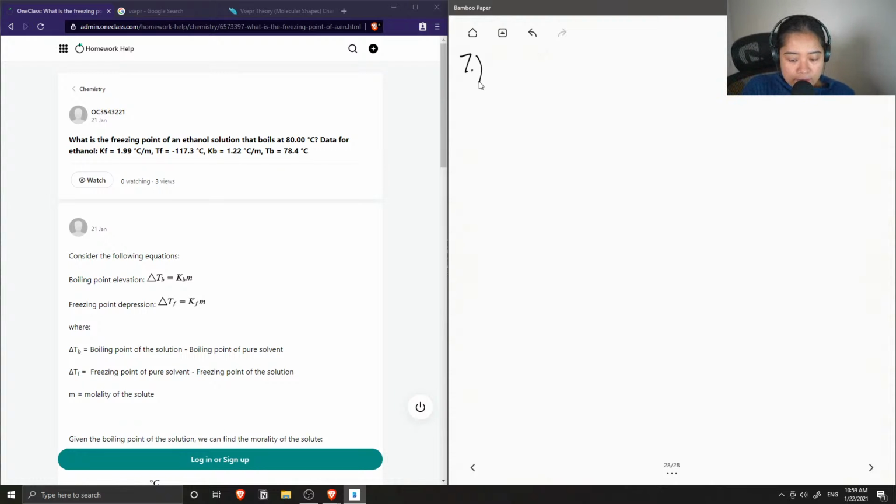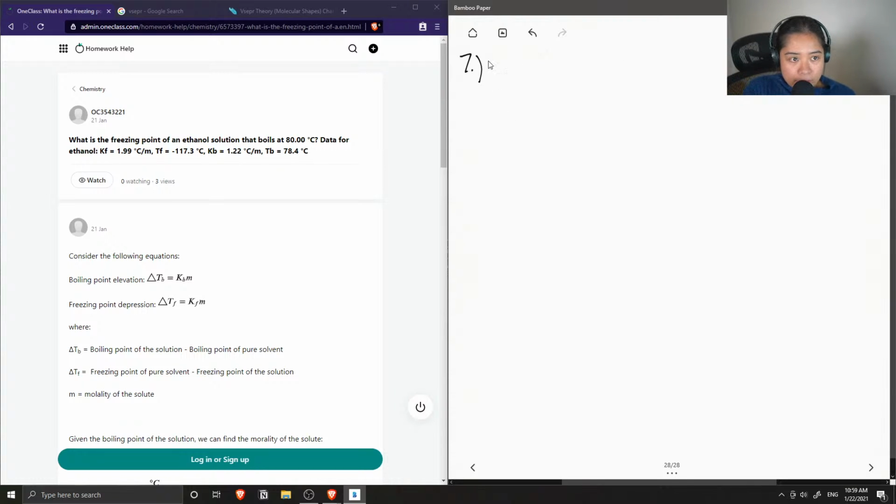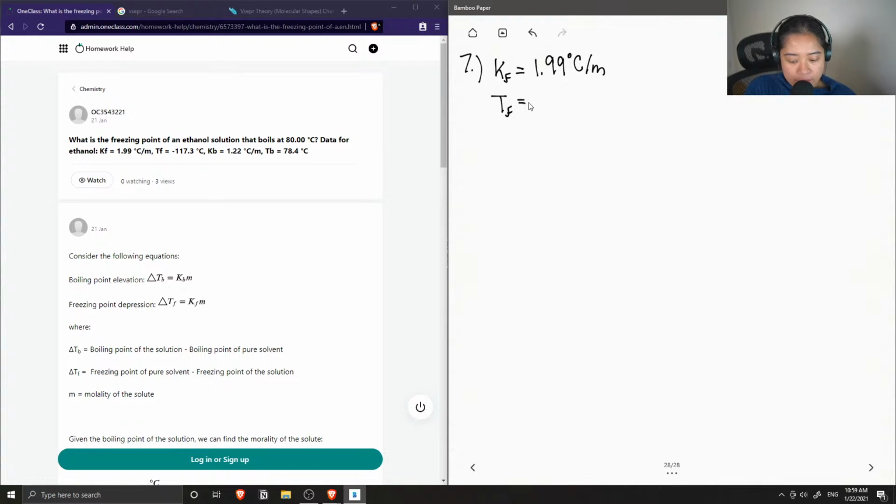Okay, so let's write down everything that we know. We know the Kf value. We also know the freezing point of the pure solution.